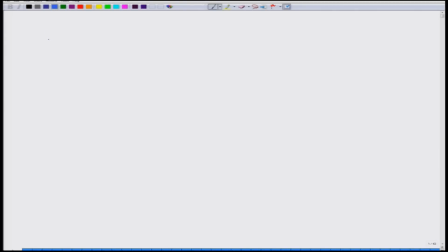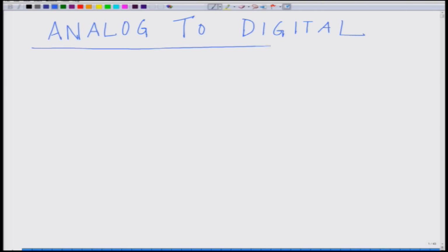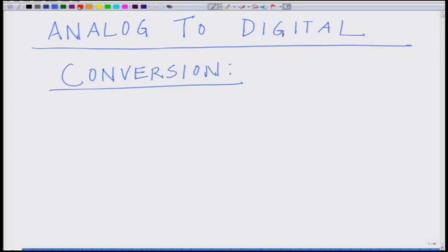So, we are going to start looking at analog to digital conversion, to convert an analog signal to a discrete signal, and the first step towards this is sampling.